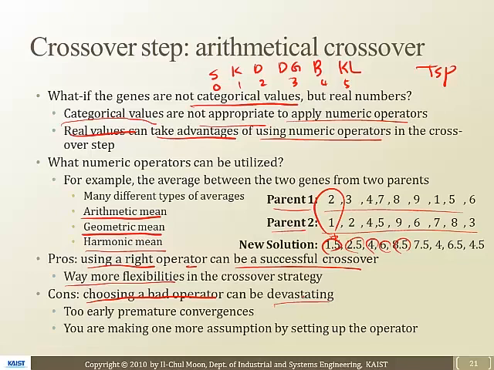Too early premature convergence, or you are just making one more assumption by setting up these operators. You are making a whole bunch of assumptions here because you are using heuristics. You don't want to add another assumption here. But if you choose a certain operator, you are making that assumption. If that assumption is really right, then it can be very successful, but actually many times it's very hard to find the right operator.